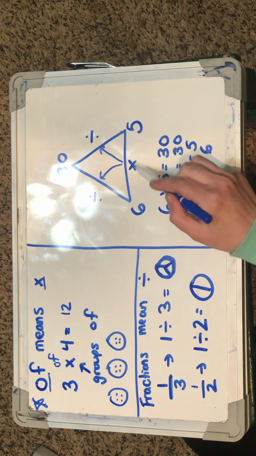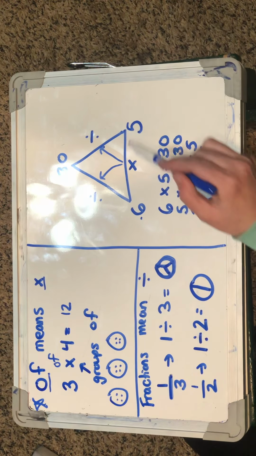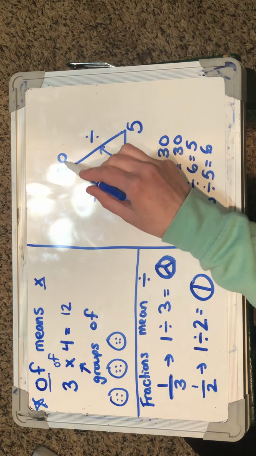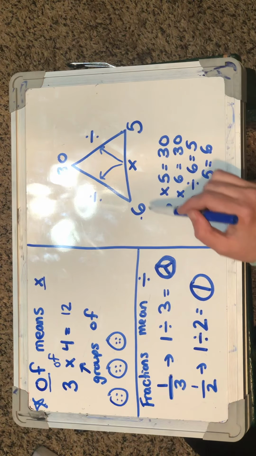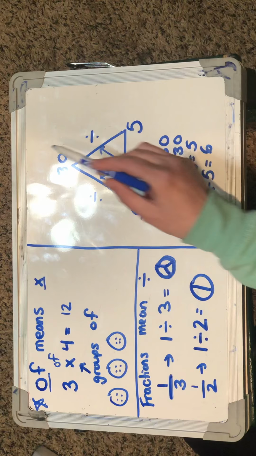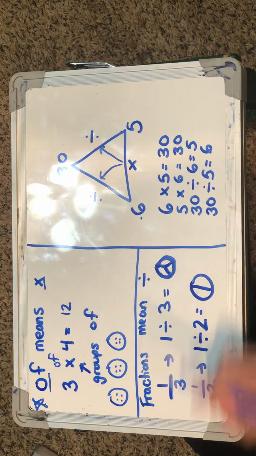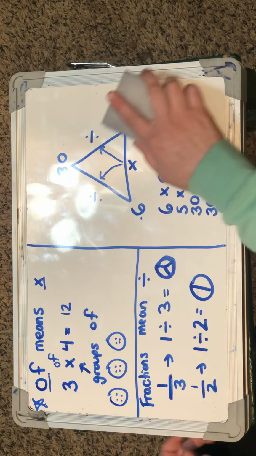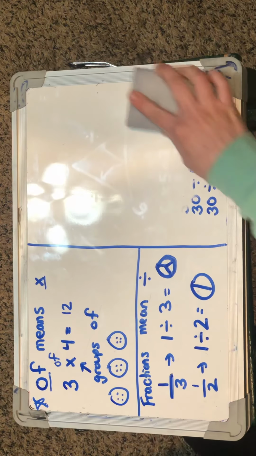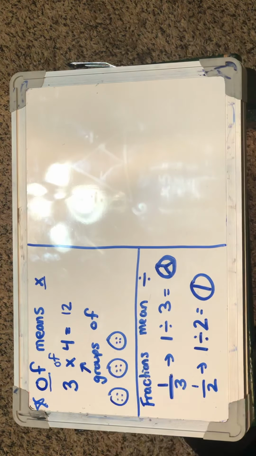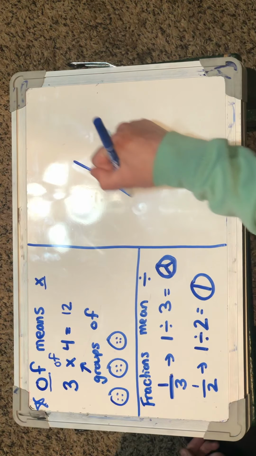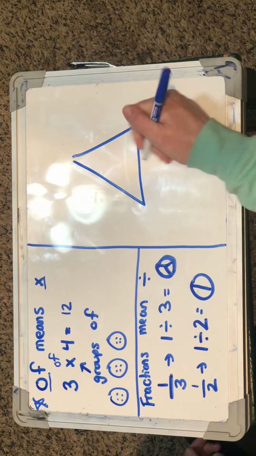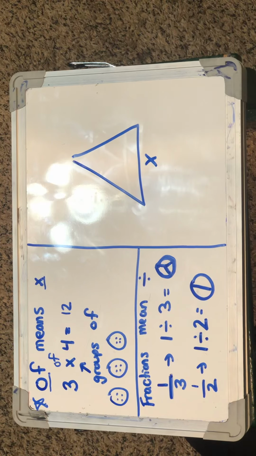So if 5 times 6 is 30 and 6 times 5 is 30, then 30 divided by 6 equals 5, and 30 divided by 5 equals 6. Those numbers are all related. Now this is important because when you're multiplying a whole number times a fraction, okay, you can still fill in this fact family.